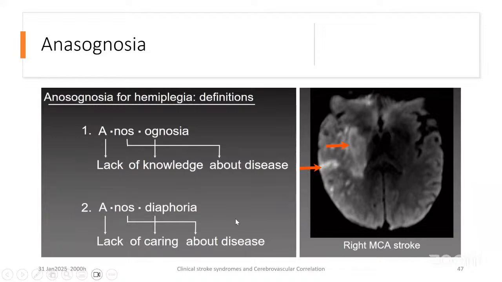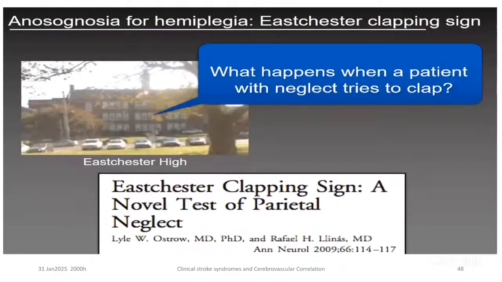So let us look at a very interesting test that has emerged after anosognosia, that is called Eastchester clapping sign. What happens when a patient with neglect tries to clap? This happened in New York in one of the schools. An 11th class student asked the teacher, when they were being taught about neglect, Madam, what happens to the stroke patient?